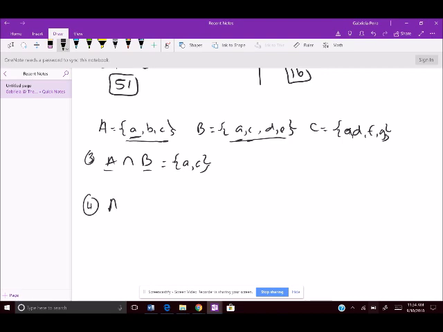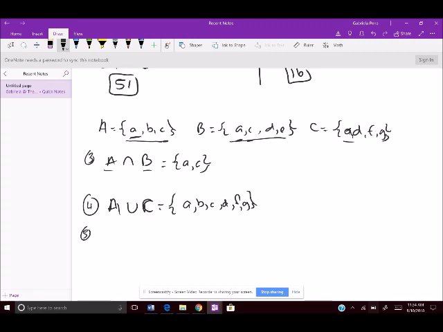For number 4, A union C. Now in the union, you do have to write what? Everything. So I have A, B, C over here. And then on this side, D, F, G. Even though the A is there twice, you don't write it down twice. So are we good with that one? Yes.